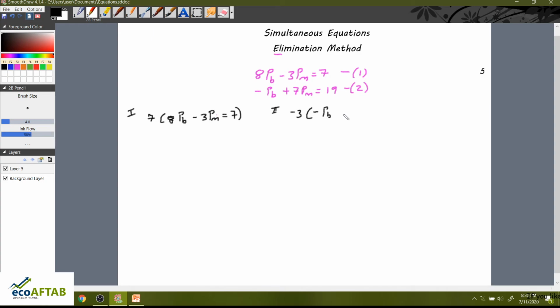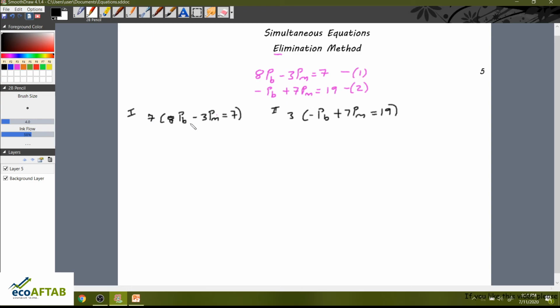Sorry, it is not minus 3, it is multiplying this 3. So 3 multiplied by minus PB plus 7PM is equal to 19.